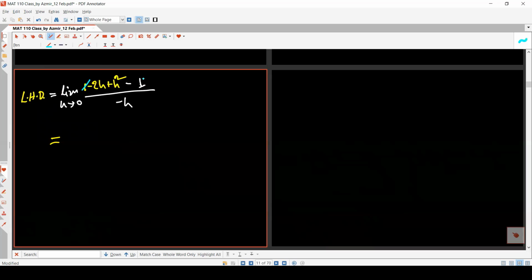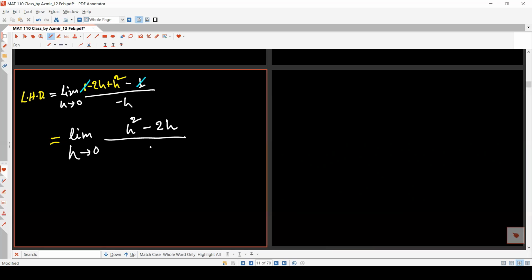We have 1 and negative 1. To find the limit of any function, we know that we can apply algebraic manipulation, change of variable, L'Hopital's rule or the squeeze theorem. So anything can be done. So here we have a squared minus 2a divided by a.